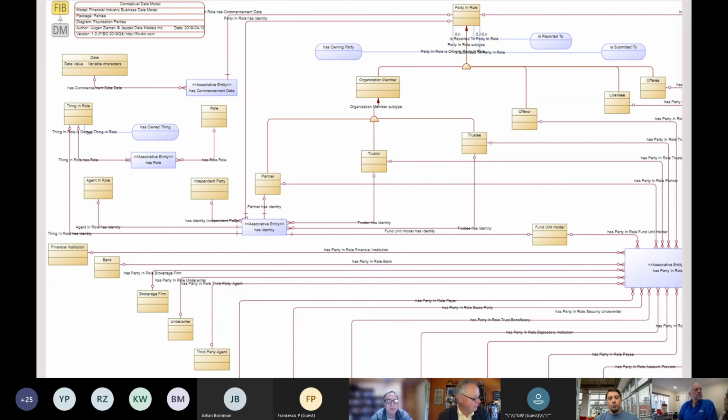My simple, strict rule is any table that didn't get an attribute gets deleted. Period. And any associative entity that is not required to be many-to-many gets collapsed into the relationships.